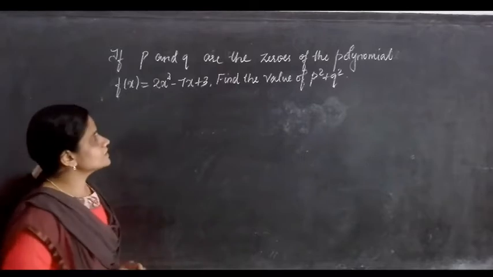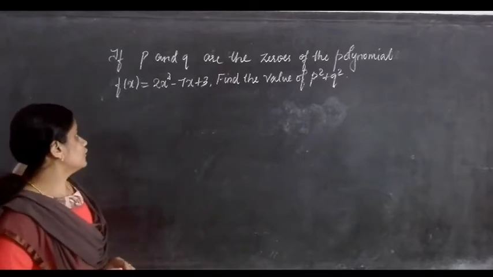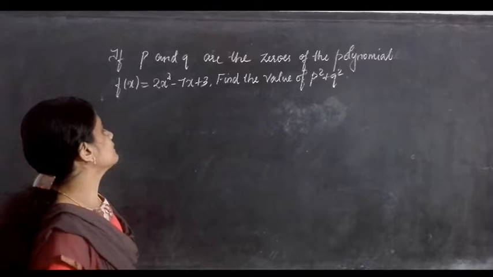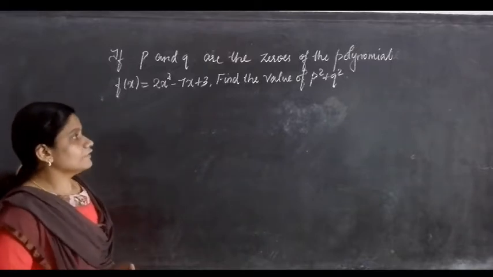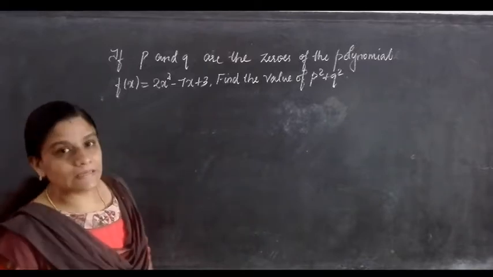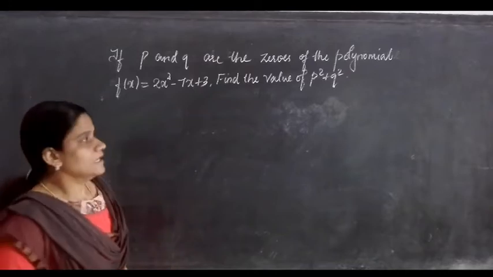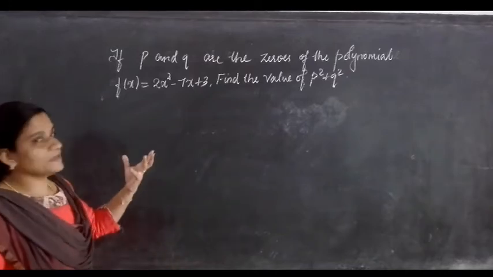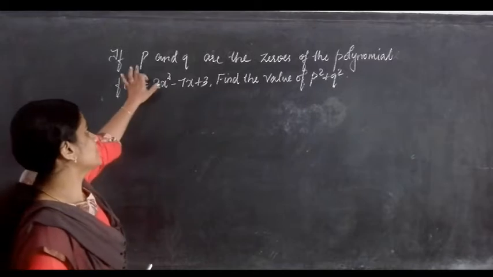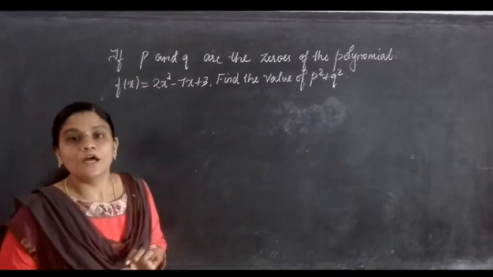If p and q are the zeros of the polynomial f of x is equal to 2x square minus 7x plus 3, then find the value of p square plus q square. Here instead of alpha and beta, they have given us p and q as the zeros of the polynomial.